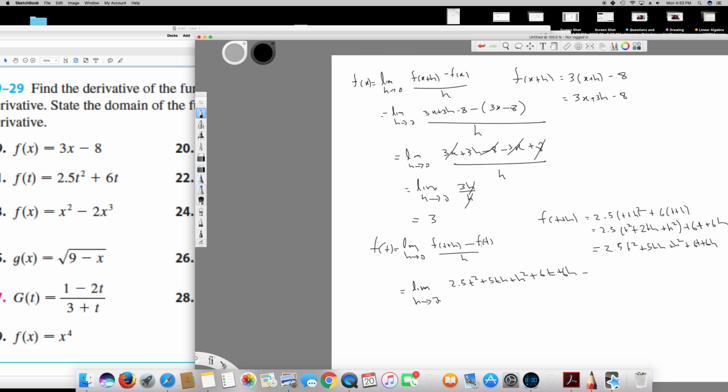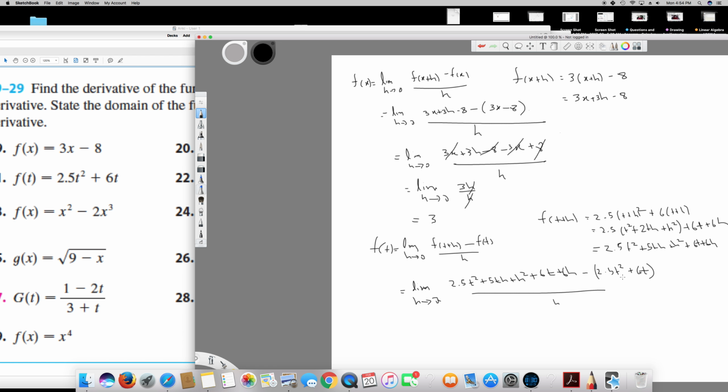And f(t) is going to be the same as this value, 2.5t squared plus 6t, because t is already plugged in here. So it's going to be 2.5t squared plus 6t, over h.